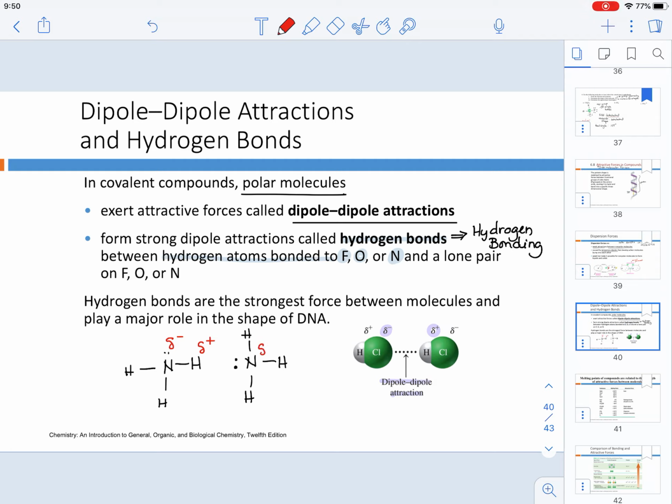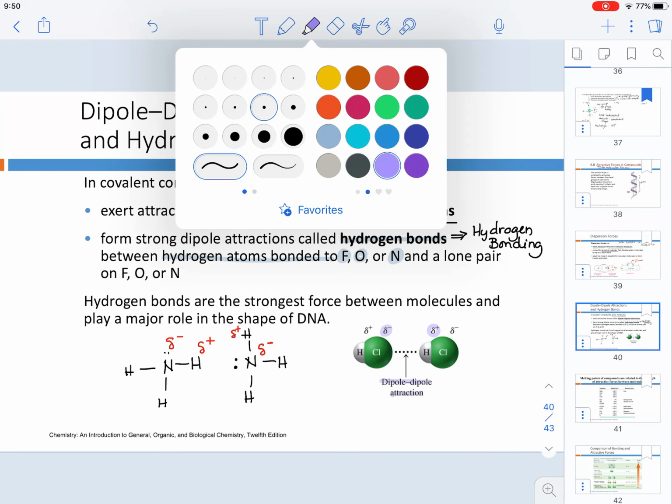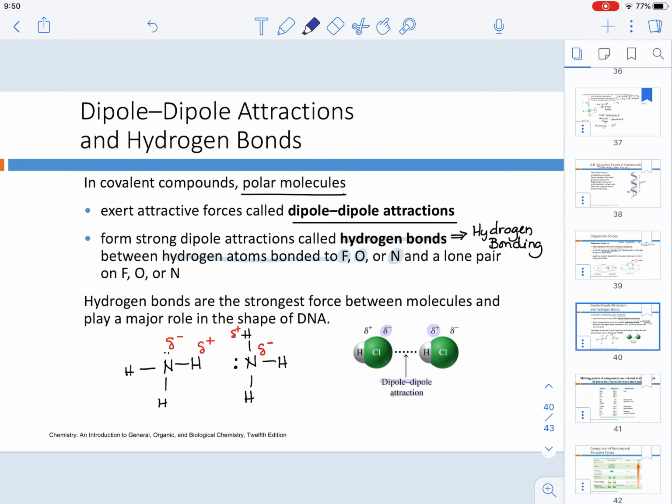In the neighboring molecule of ammonia, the nitrogen is going to be partially negative, and the hydrogen is going to be partially positive. So when we are trying to illustrate the hydrogen bonding events happening between two ammonia molecules, all we have to do is interact the partially negative atom through the lone pair to the partial positive atom, which in this case is hydrogen. And this is how you illustrate a hydrogen bond.